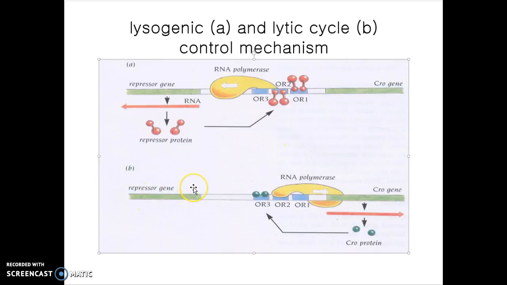B explains the lytic cycle. The Cro protein binds to OR3, blocking the RNA polymerase from binding to the promoter for the repressor. So only the Cro gene is turned on, along with the right genes that are responsible for the lytic cycle.